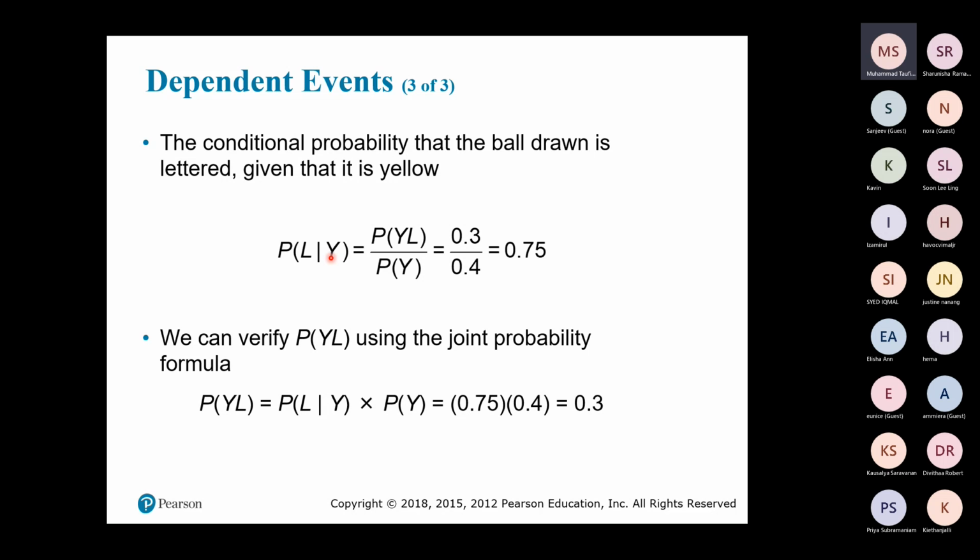What is the probability that the yellow ball you picked has a letter on it? That is the question here. So how to calculate the probability of getting a lettered ball after you draw a yellow ball.